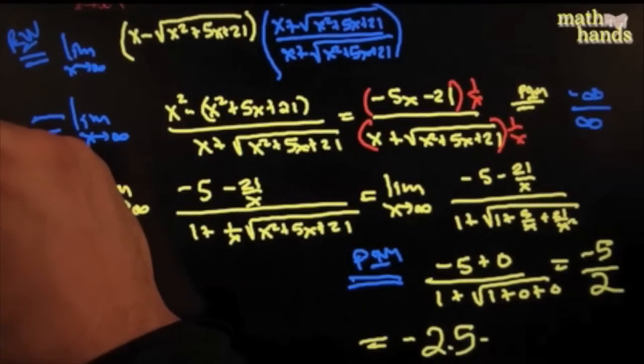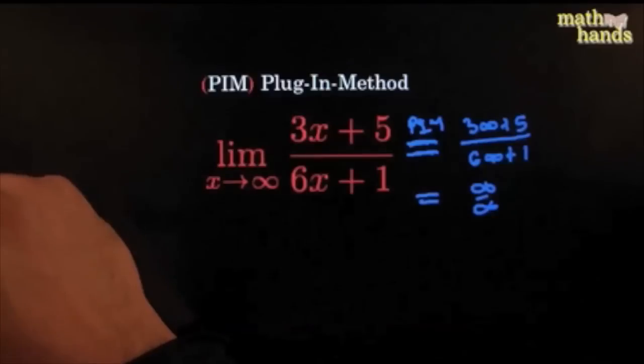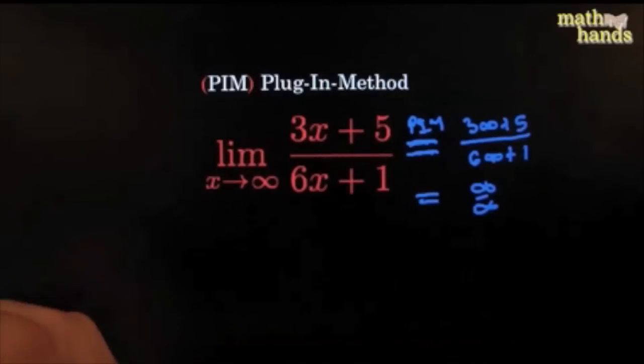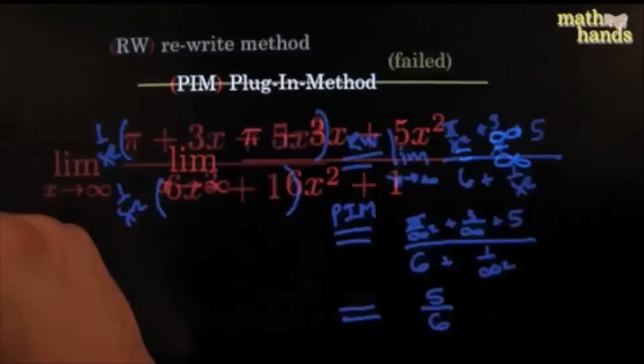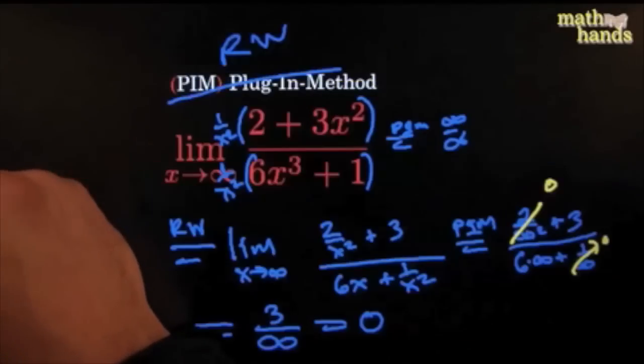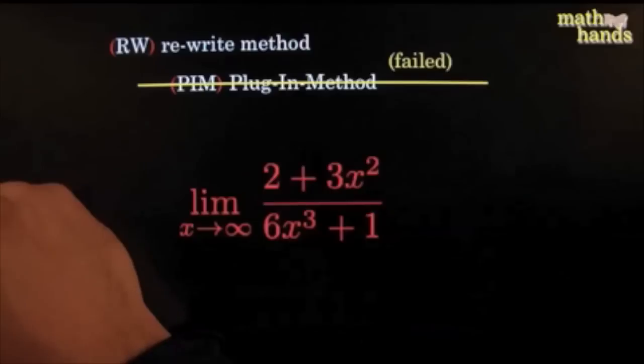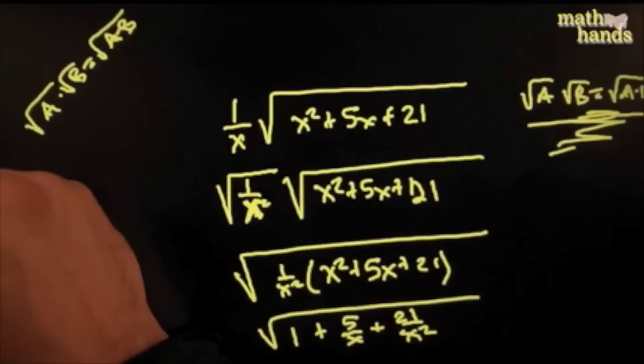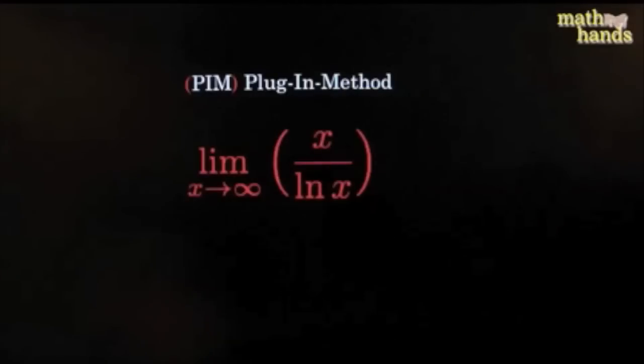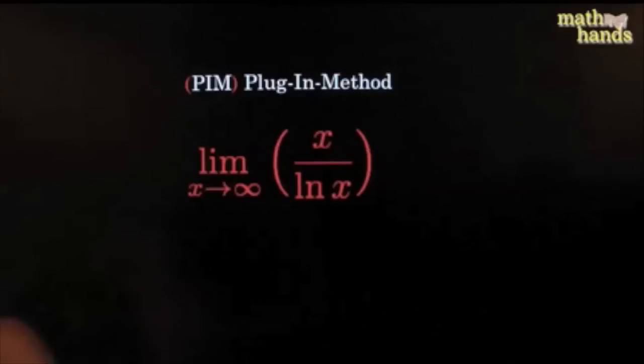So that, my friends, that's the plug-in method. Or no, that's the rewrite method. Several ways: you divide out, use the idea of conjugates, a lot of different things. Plug-in, rewrite method. Then, let's see. Oh yeah, let's do this one, plug-in method.